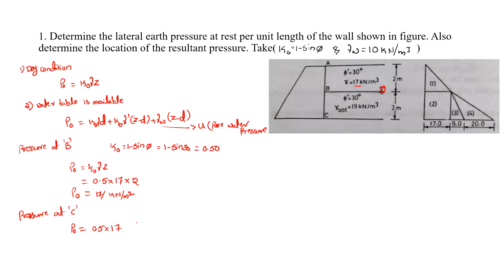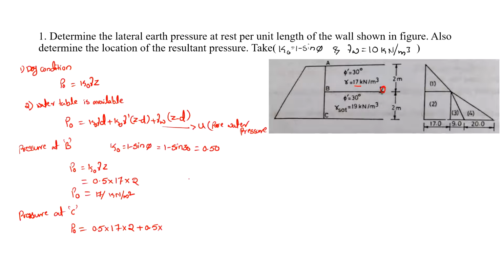Above point B there is dry soil, which contributes pressure at the bottom of the structure, at point C. Here the height is 2 meters.